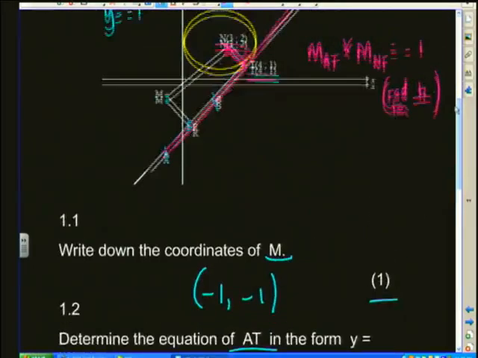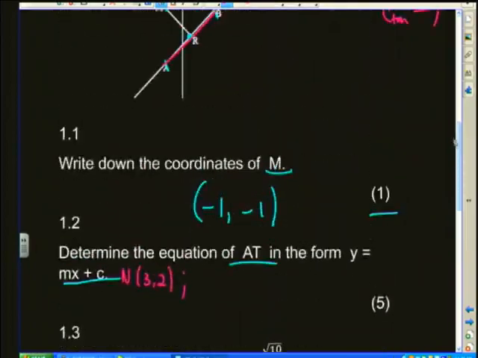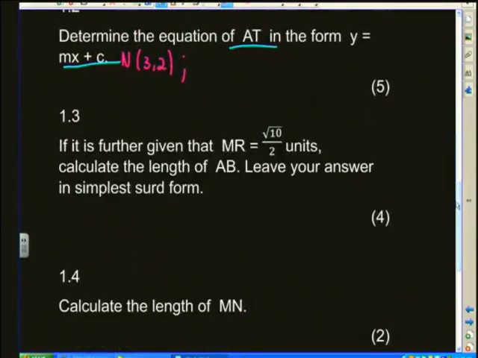All right. So we've got N is the point 3 and 2, and then T was 4 and 1. So we work out the gradient of NT.